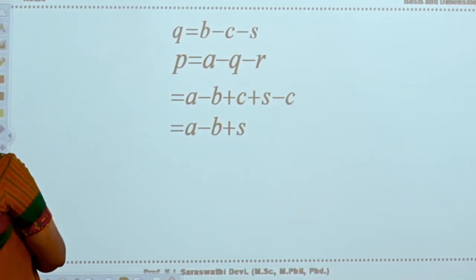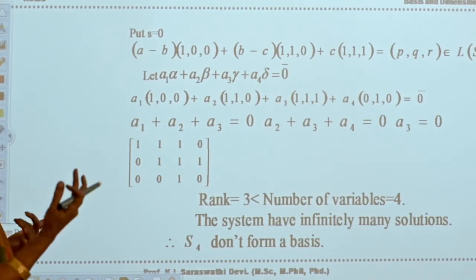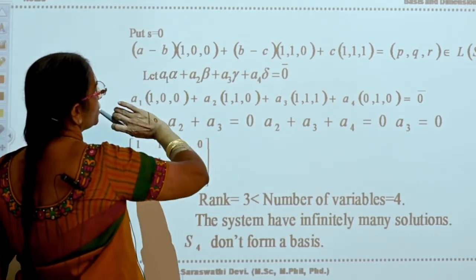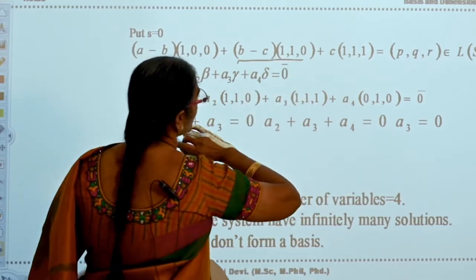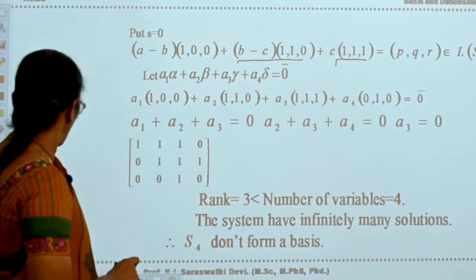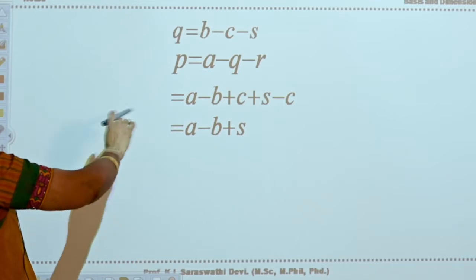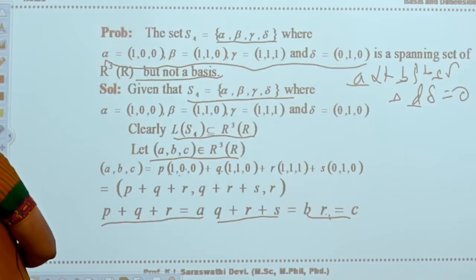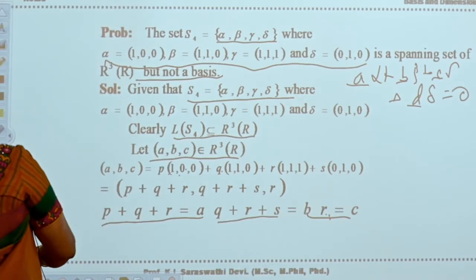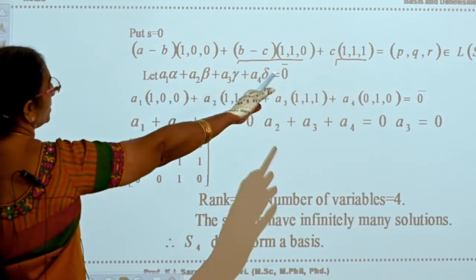Now if you take s = 0, you can take like that; 0 is also a number. Then (a, b, c) = (a − b)(1, 0, 0) + (b − c)(1, 1, 0) + c(1, 1, 1). Now you got the values of p, q, r.